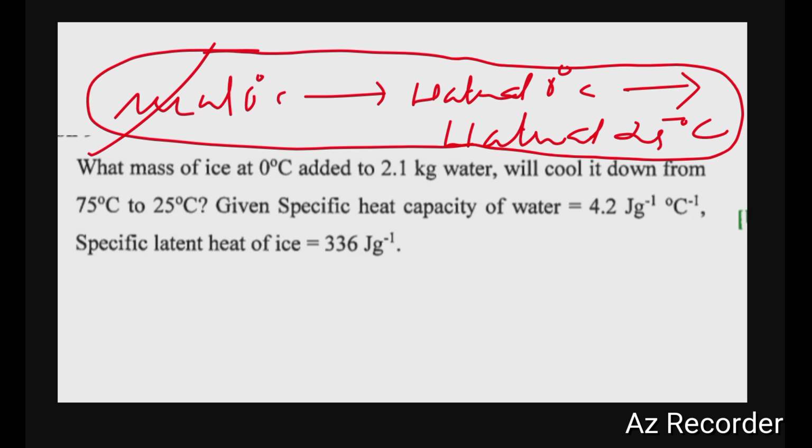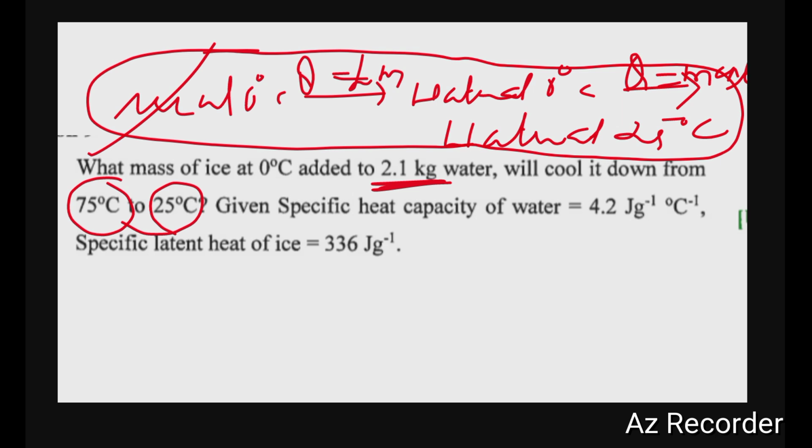So overall, the ice absorbs heat energy Q = L into M in the first step, and then absorbs heat energy Q = mc delta T in the second. The initial 2.1 kilogram of water in the container loses heat energy and gets converted from water at 75 degrees Celsius to water at 25 degrees Celsius.